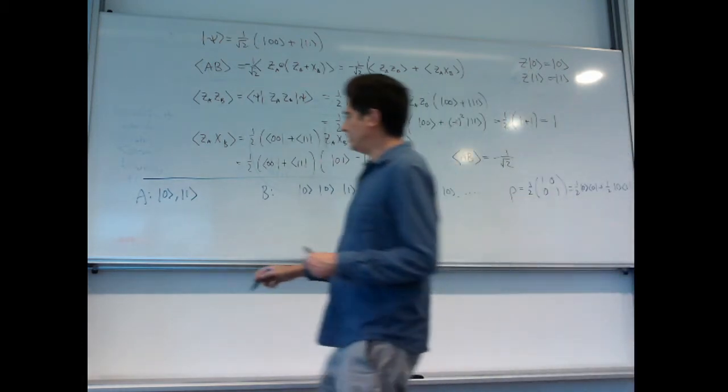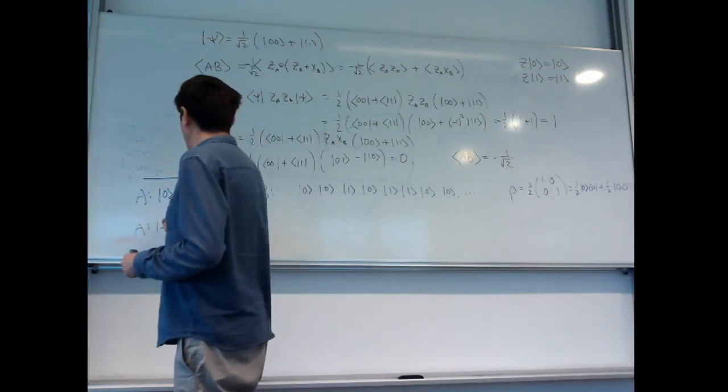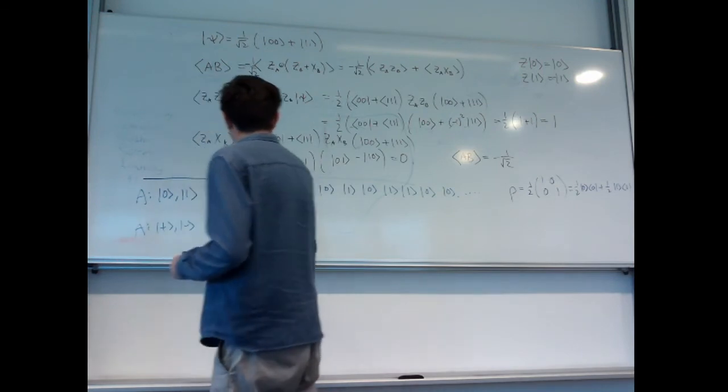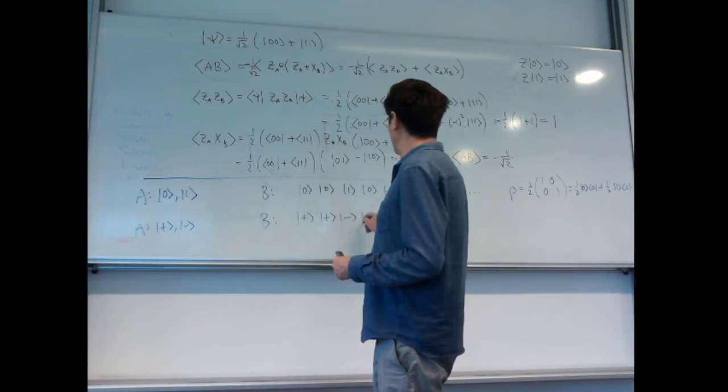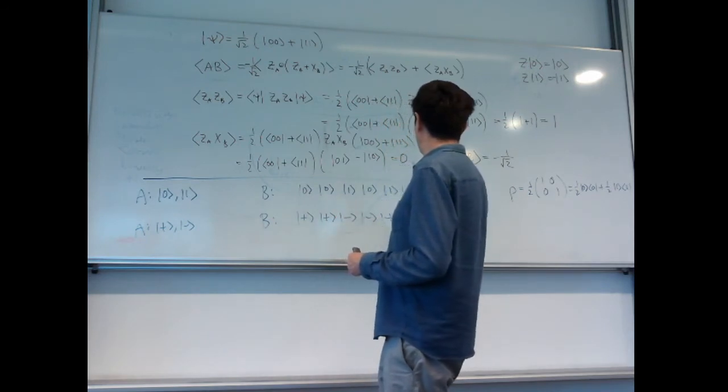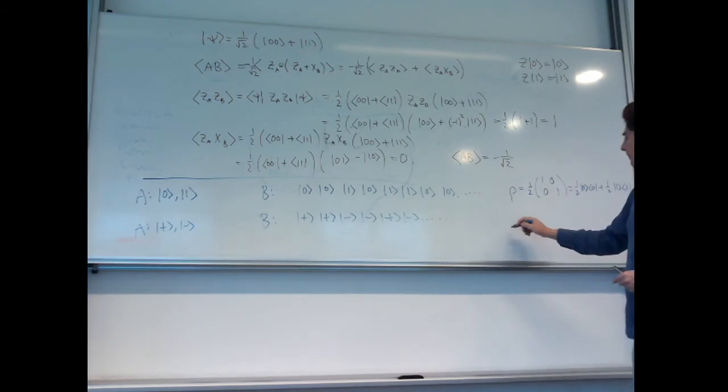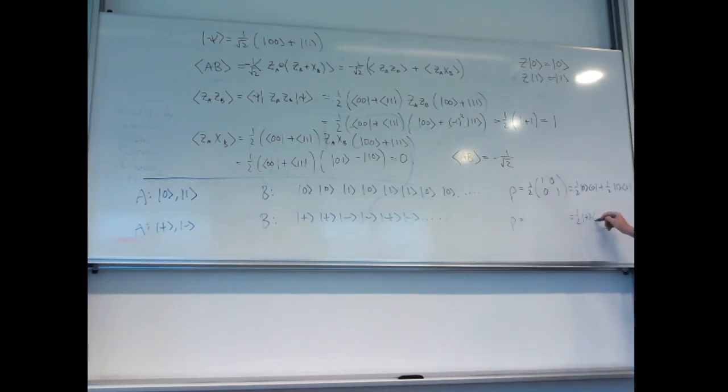But if Alice measures in the plus-minus basis, then Bob definitely gets a bunch of different states, and so forth. But this time the state would be 50-50 plus states and 50-50 minus. But the density matrix is exactly the same, because these are completely mixed states.